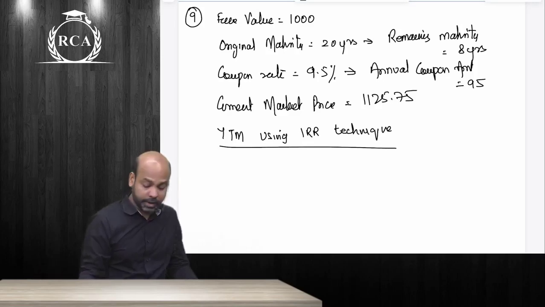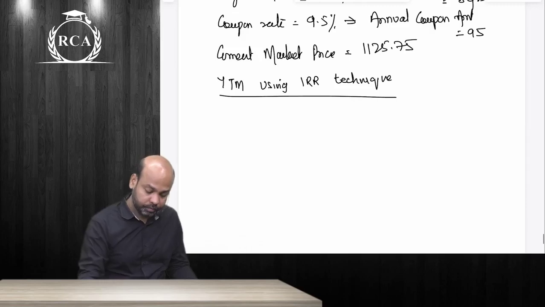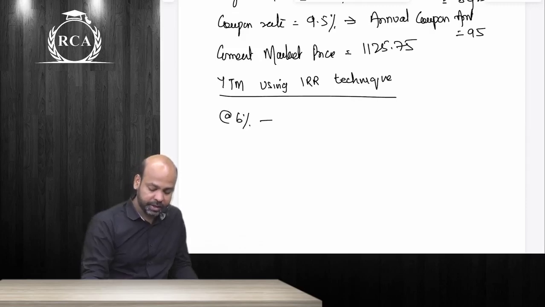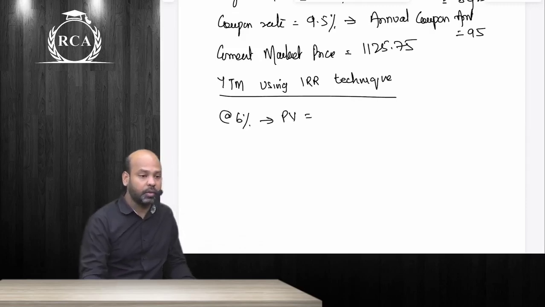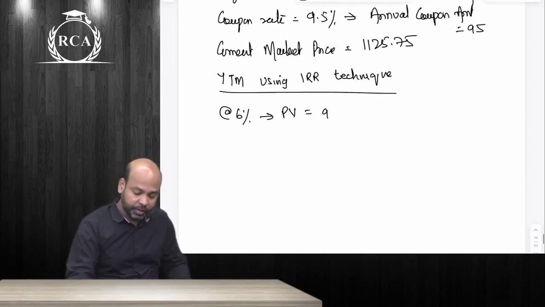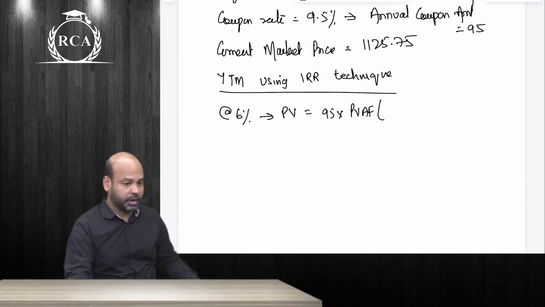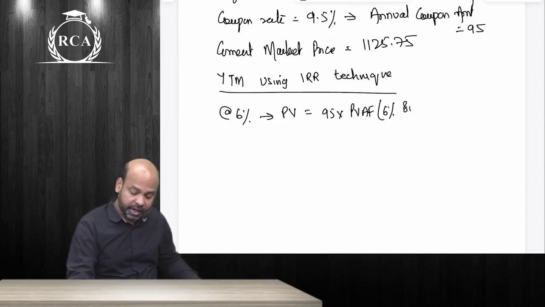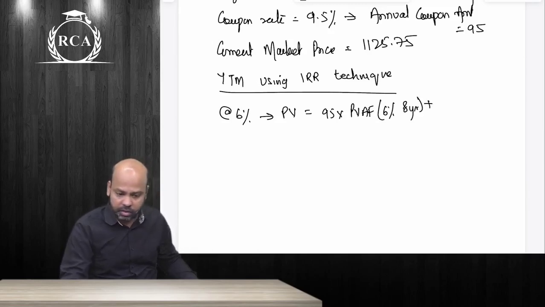What are we going to write? At 6%, first, present value will be equal to the coupon amount, 95 rupees, multiplied by the present value annuity factor at 6% for 8 years. Please consider present value factors given in the question.